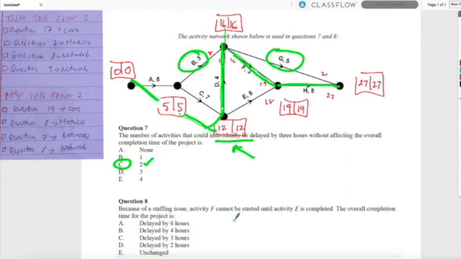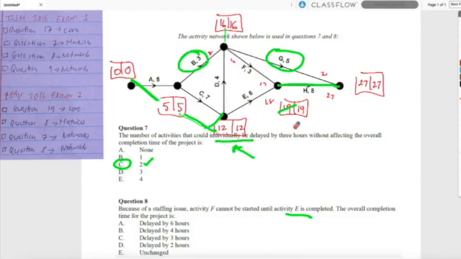Okay, the last one. Because of a staffing issue, activity F cannot be started until E is completed. The earliest completion time for E, that's interesting. If we can't do F until E is completed, then that takes this path way out of it. I'm not going to change the whole network.